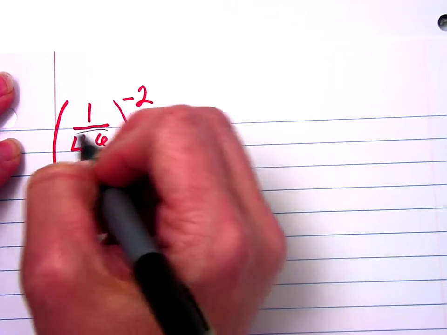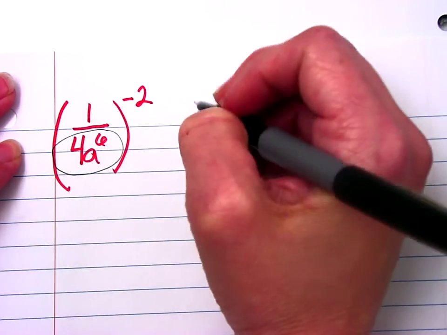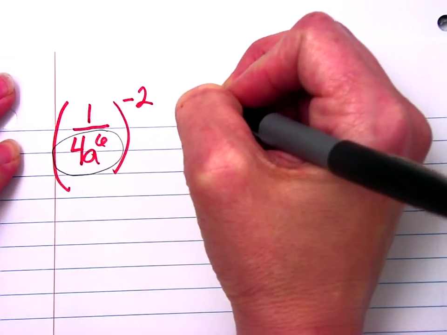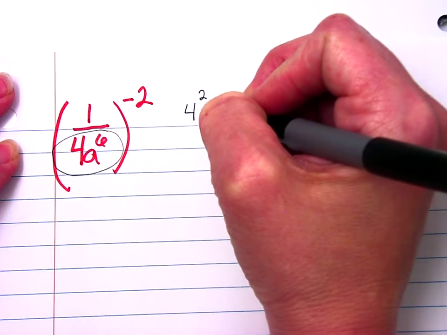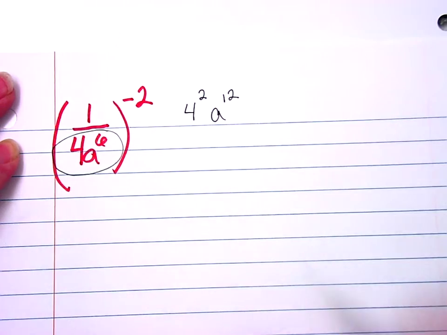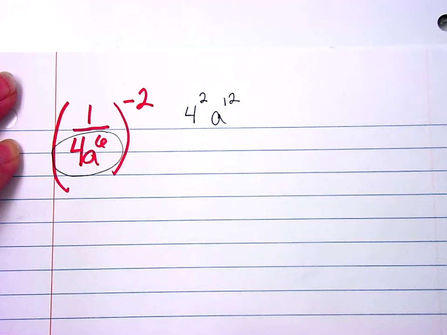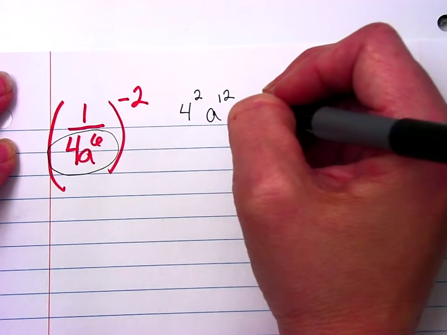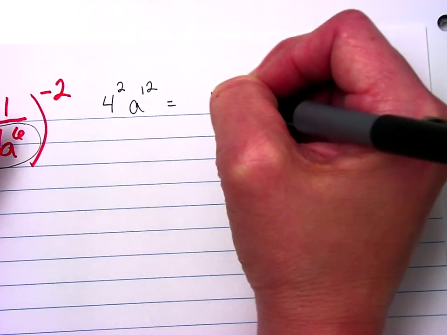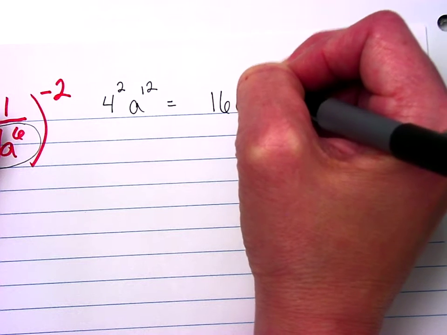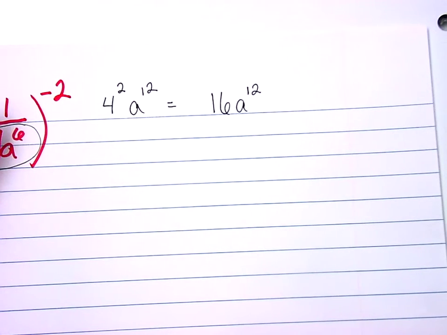Basically, everything that's down here is about to move up. So that gives me 4 to the power of 2, and then a to the power of 12. I need to evaluate the 4 to the power of 2. That's going to give me 16, and then a to the power of 12. And that's the final answer on that one.